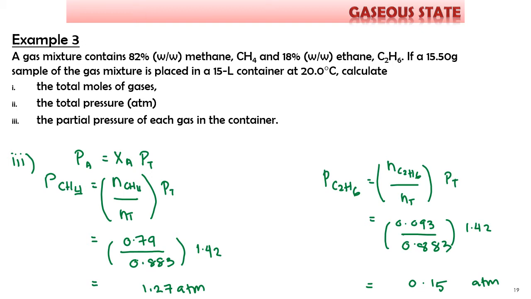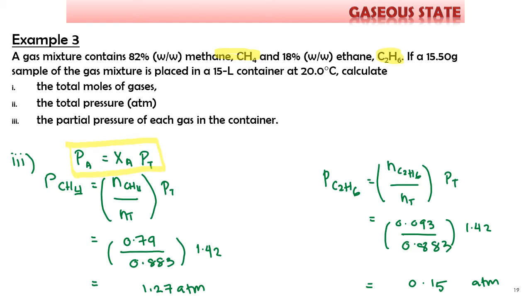Okay, for the last question, okay, the partial pressure of each gases in the container. So you want to find partial pressure of CH4 and C2H6. Okay, so by using mole fraction, you can find, because we already have mole for each gases and we have the mole total, we can directly use this formula.